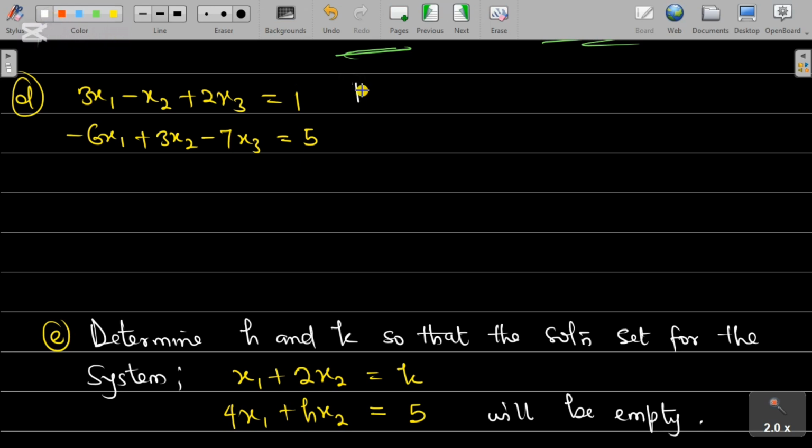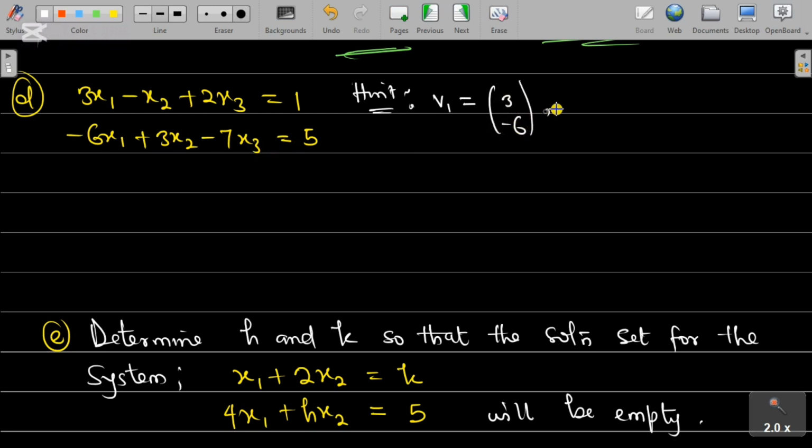So they said we should restate the vectors, and this is what that means, to get the vectors that produce this system, and that's very easy to do. The first vector is of course going to be the coefficients of x1, the coefficients of x2 as your second vector, and the coefficients of x3 as your third vector. So this is going to be 3 and minus 6.